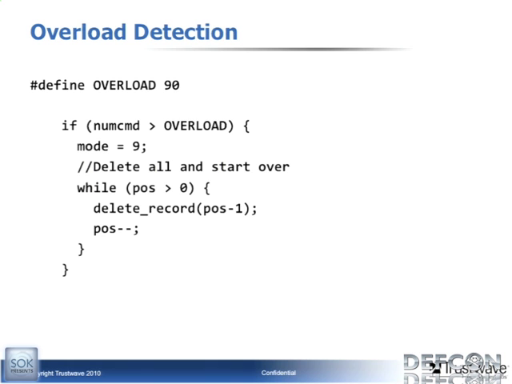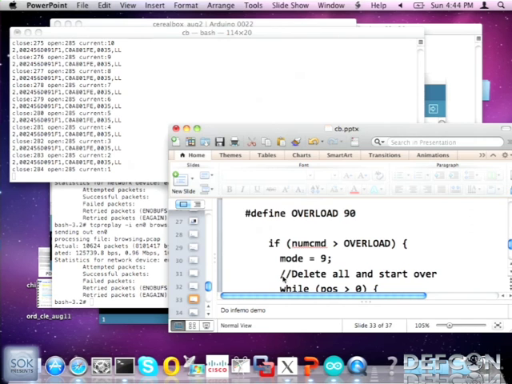So overload detection, right? Define overload 90. You can define this whatever you want. That's a very conservative number. If the number of commands is over the overload, mode 9 is the bad one, right? So I'm down to 5 here. I think this is actually going to work out just about right.